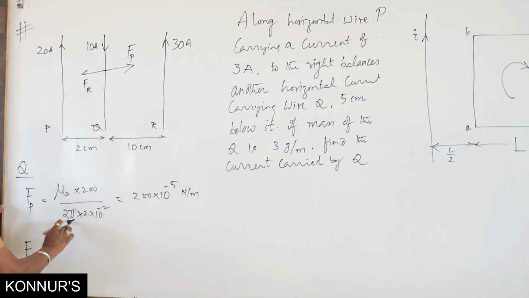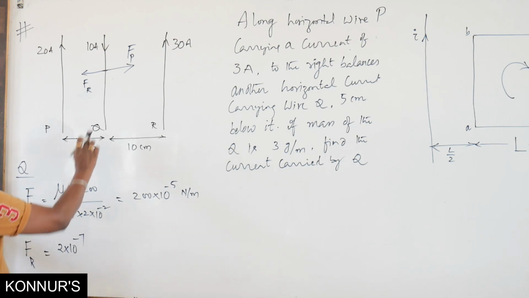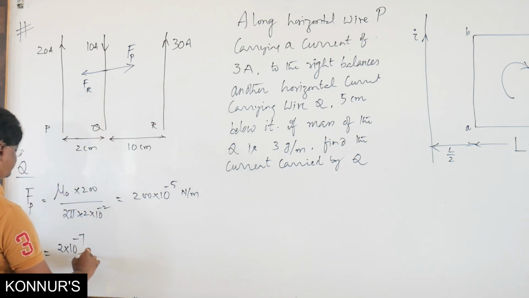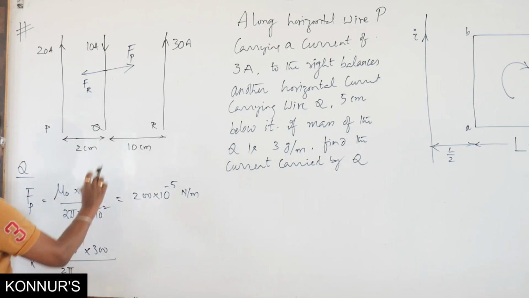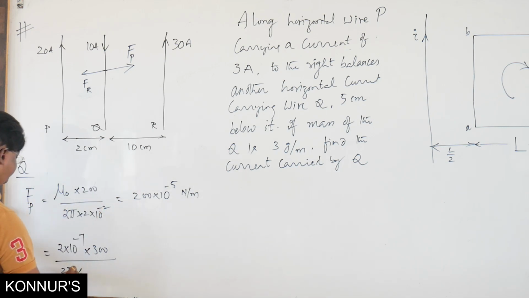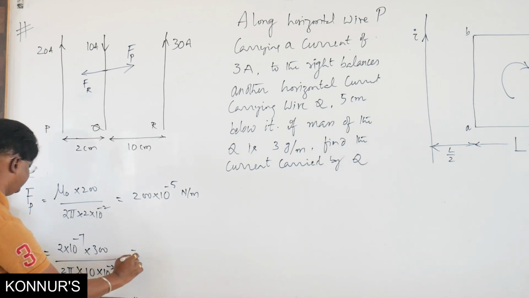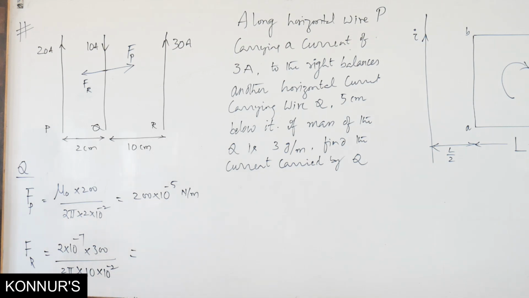This mu naught by 2 pi happens to be 2 into 10 raised to minus 7. I1 I2 will be 300 in this case, and R is 10 centimeter, 10 into 10 power minus 2. What will be the value? The pi is cancelled, right?